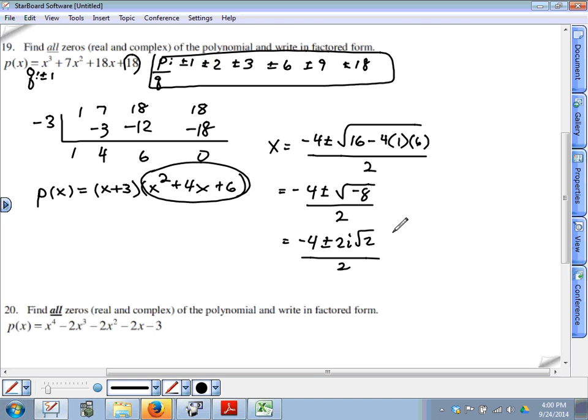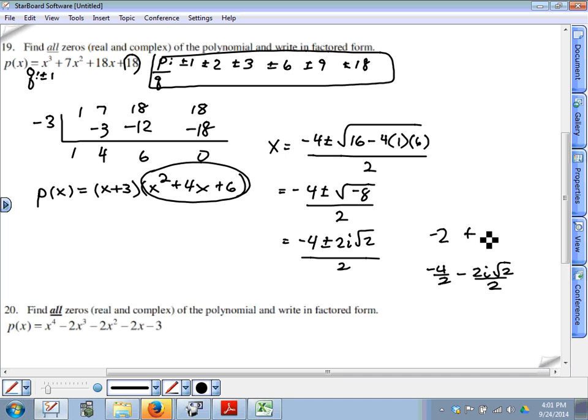So writing this as 2 different numbers, this is negative 4 halves plus 2I root 2 halves, and negative 4 halves minus 2I root 2 halves. And then going even one more step, the negative 4 over 2 becomes a negative 2, and the 2's would cancel.